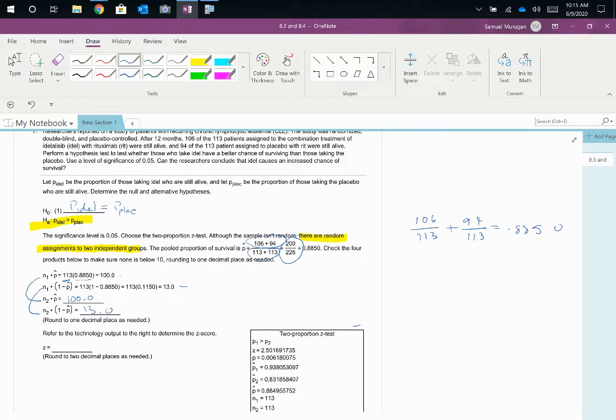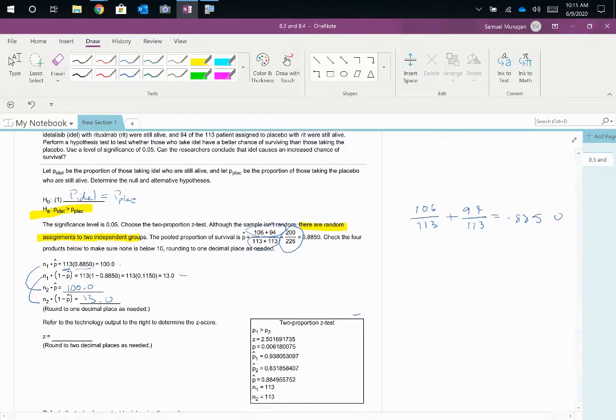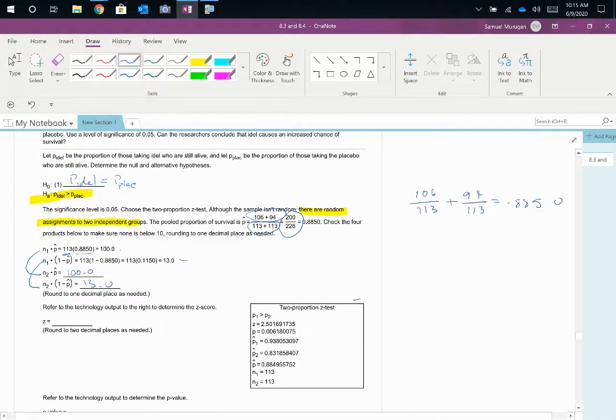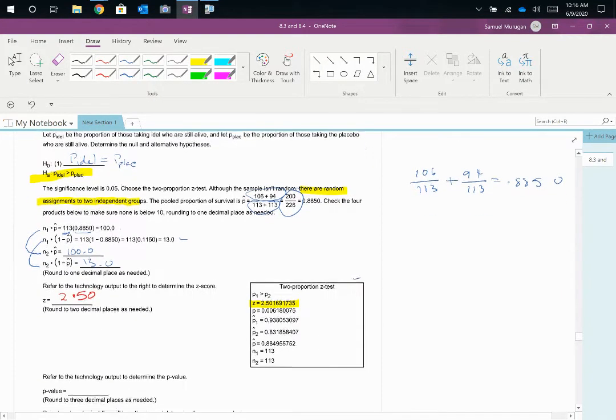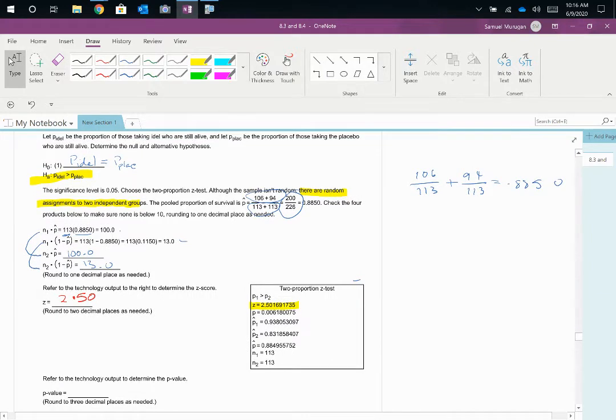You're done. Okay. Now, they gave us the printout of the technology here. The z-score is right here. This z-score, to 2 decimal places, is 2.50. And the p-value to 3 decimal places is 0.006.